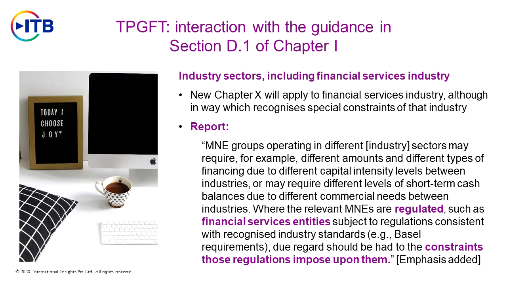Where the relevant MNEs are regulated, such as financial services entities subject to regulations consistent with recognised industry standards, for example, Basel requirements, due regard should be had to the constraints those regulations impose upon them.